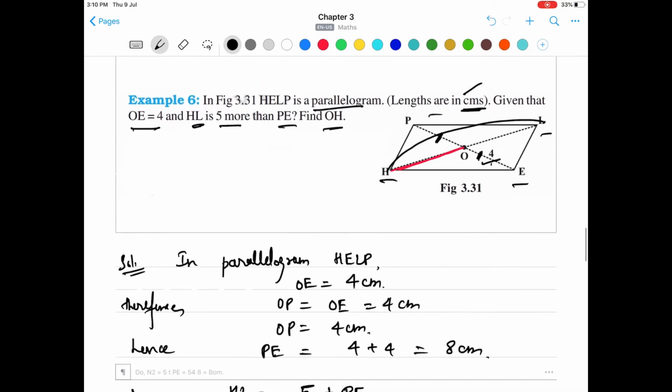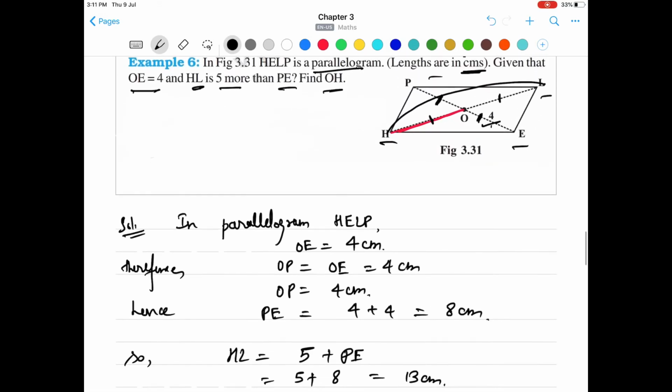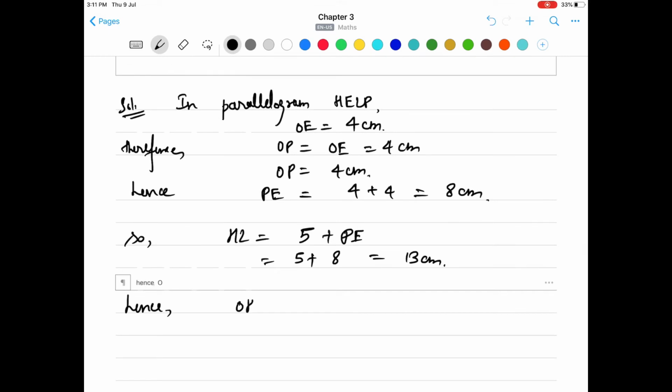As these two diagonals are bisecting each other, that means OH and OL will be equal. That means this OH will be half of HL. So write, hence this length OH will be half of HL.